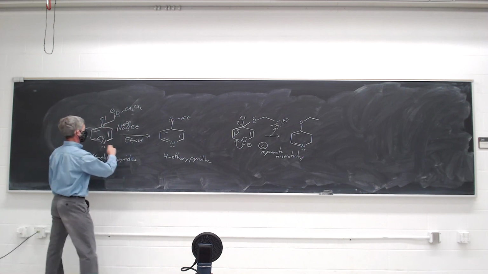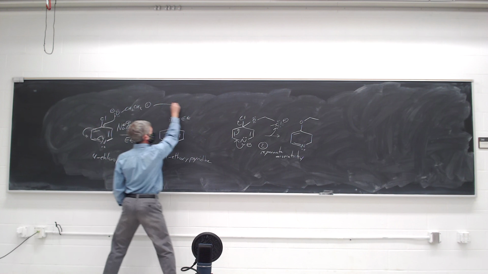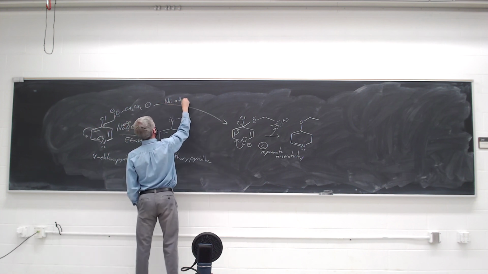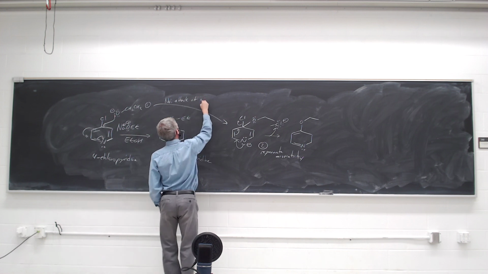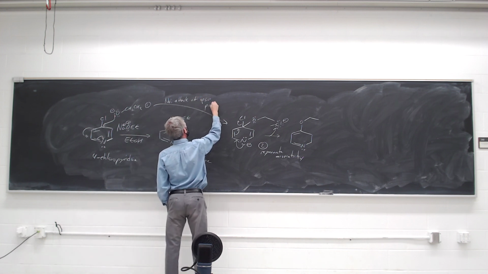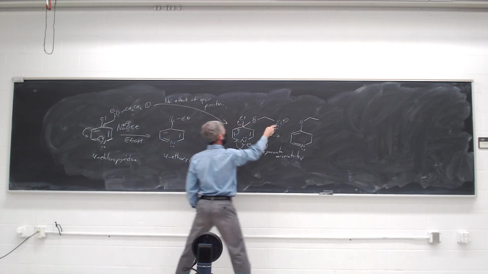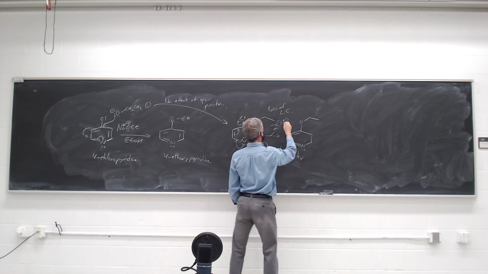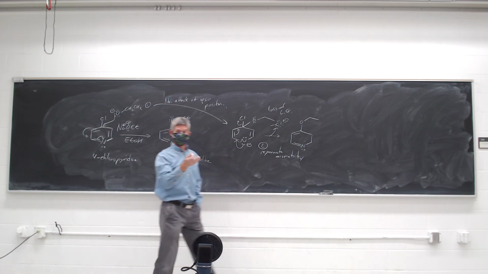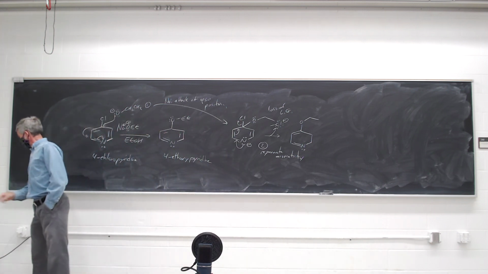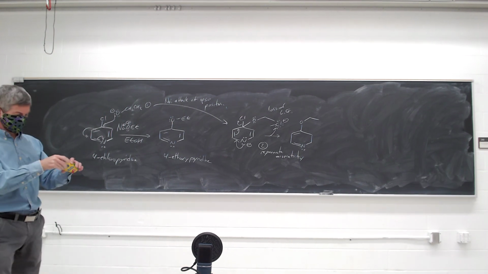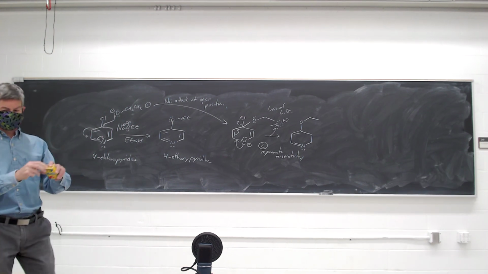So step 1 here is nucleophilic attack at the ipso position. And then step 2 is loss of the leaving group. And in this case, we don't have to have a step 3 because our nucleophile was negatively charged. And with a negatively charged nucleophile, there's no proton transfer step required to make the product neutral.